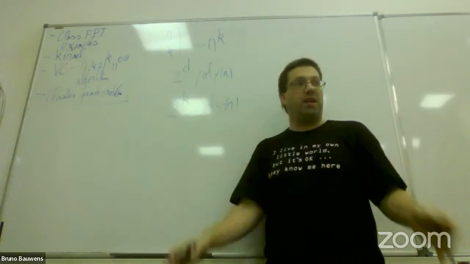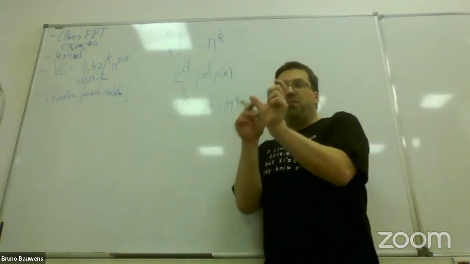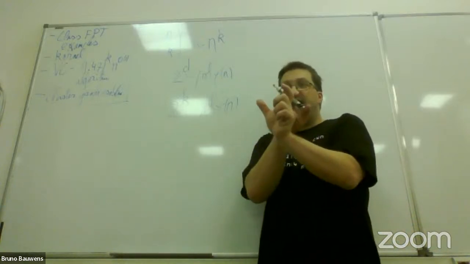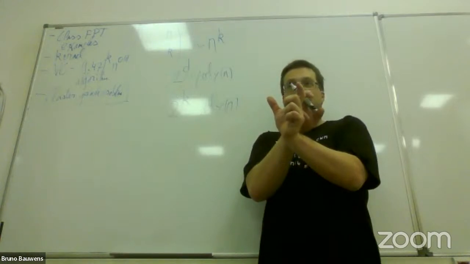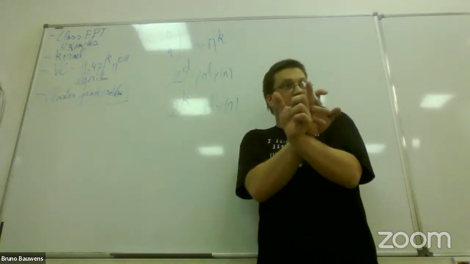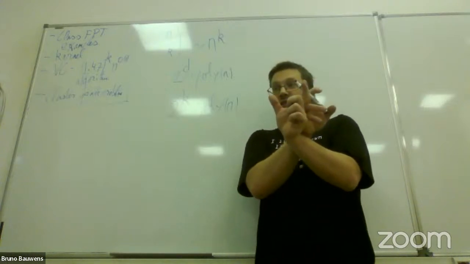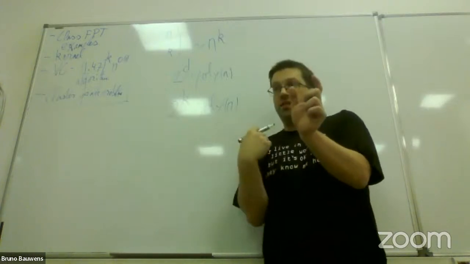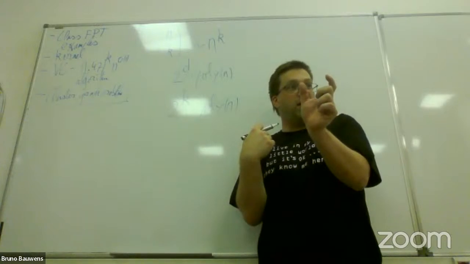So we will make a branching algorithm. We pick one node and we say either this node is in the vertex cover or it's not in the vertex cover. If this node is in the vertex cover, we can recursively solve the problem for one node less.